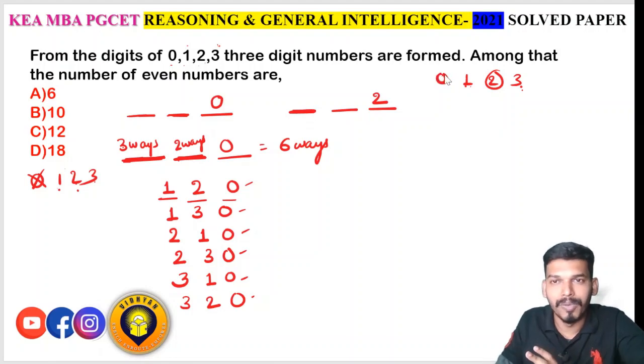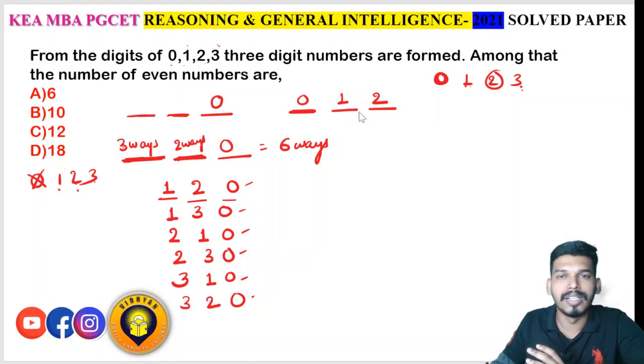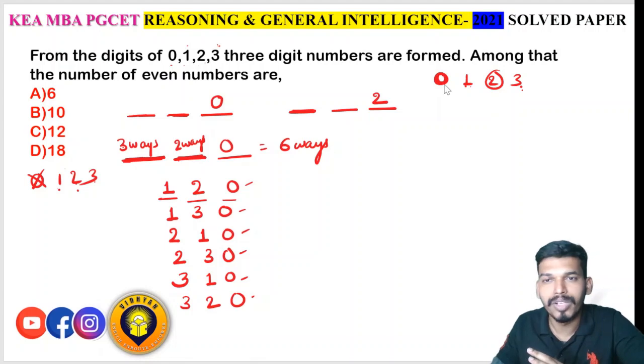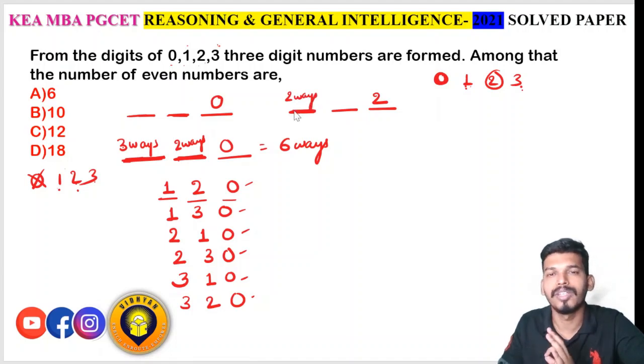You cannot place 0. Why? If you put 0, it will not become a 3-digit number, it will become a 2-digit number. Like 012 is 12, a 2-digit number. So 0 won't come in the first place. Therefore either 1 or 3, you have 2 ways.